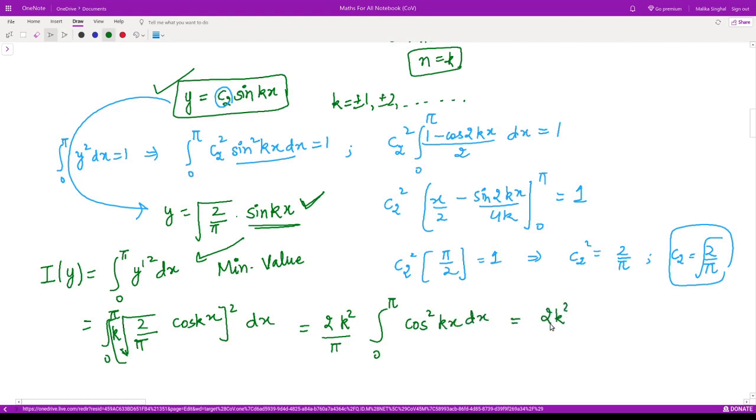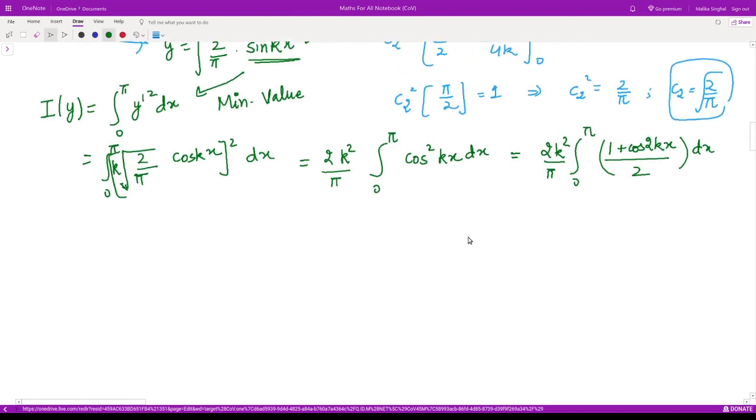So let us solve this. Let us see what do we obtain. Again writing this as 1 plus cos 2kx divided by 2 into dx. Let us integrate this. So we have 2k square by pi as it is. So it is x by 2, and the integration of cos would be sine 2kx divided by 4k.